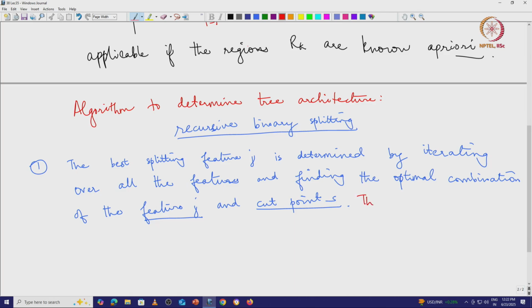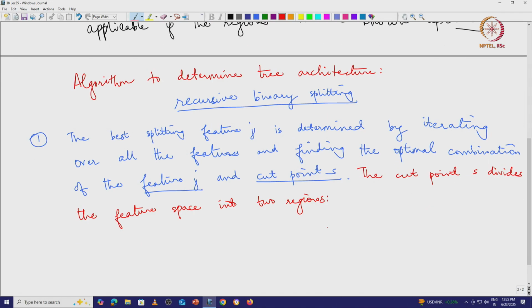So, the cut point s divides the feature space into two regions. And these are, let us say R1, which is a function of the feature number j and the cut point s.